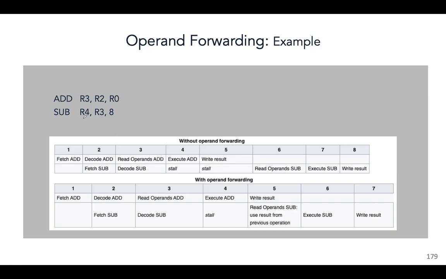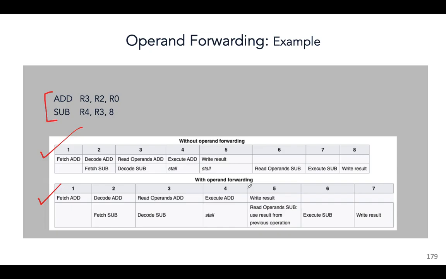Now let's try to understand how these two instructions will be executed in a pipeline normally and with operand forwarding. I say normally because so far we have not even talked about the concept of operand forwarding. So this is the regular case, before the introduction of operand forwarding, and this is with operand forwarding.